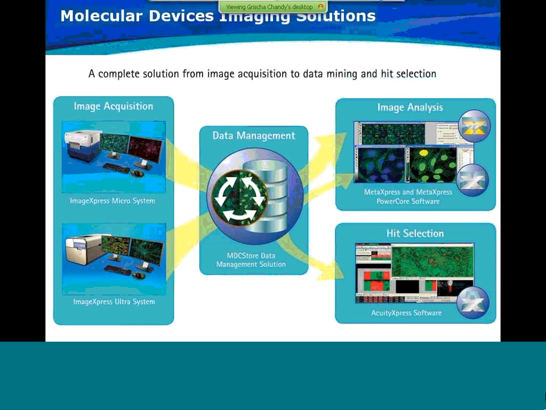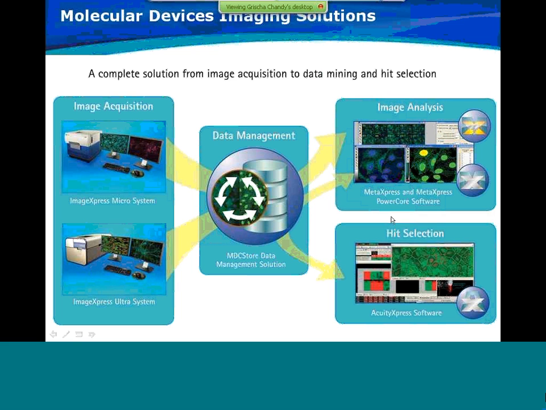Medical Devices offers a complete solution for this workflow. On the top left, you'll see the ImageXpress Micro system, which much of the work that's going to be presented in the subsequent talk was collected on. We also have a wide field system. We also have the ImageXpress Ultra system, which is a confocal high-content screening system. On the right top, you have the image analysis tools that help run those systems and convert those images into numbers with ImageXpress and ImageXpress PowerCore software.